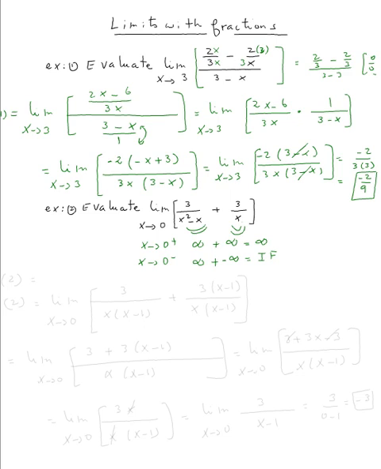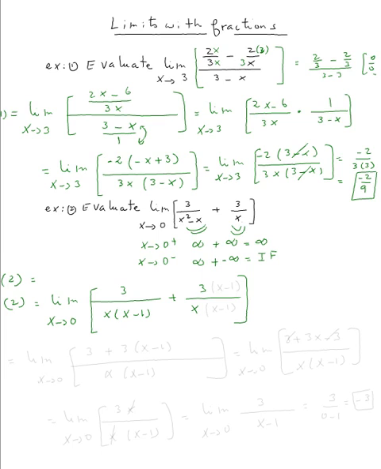So therefore, what we do is the same thing. Since it's a fraction, we try to write this as one fraction. So let's call this 2. 2 is equal to the limit as x approaches 0. We factor the x, you get x times x minus 1, plus 3 over x.